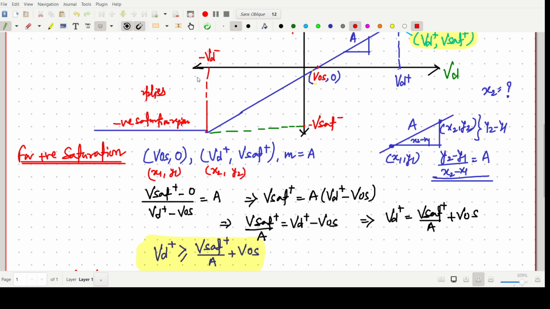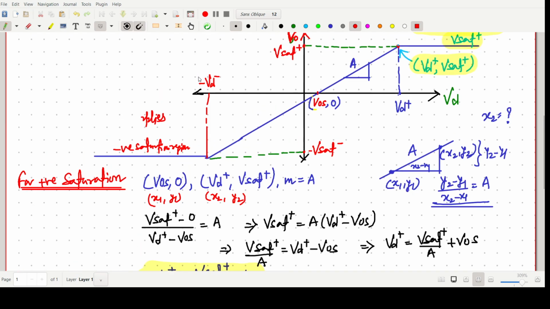So here again what we have to do, this point we can say minus Vset minus. We can easily say the coordinate of this point: first we write the x coordinate, minus Vd minus, and minus Vset minus. Is it okay?